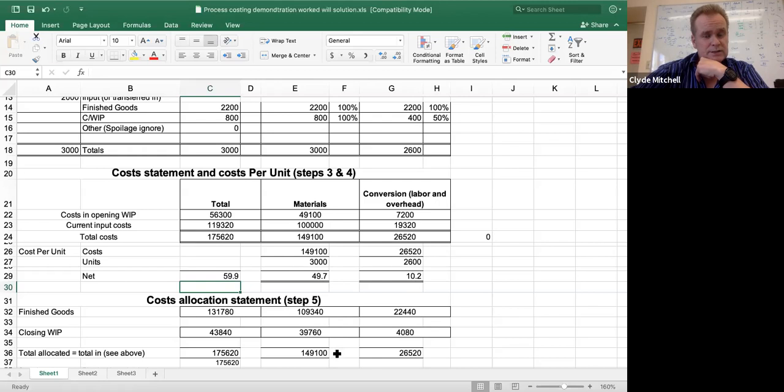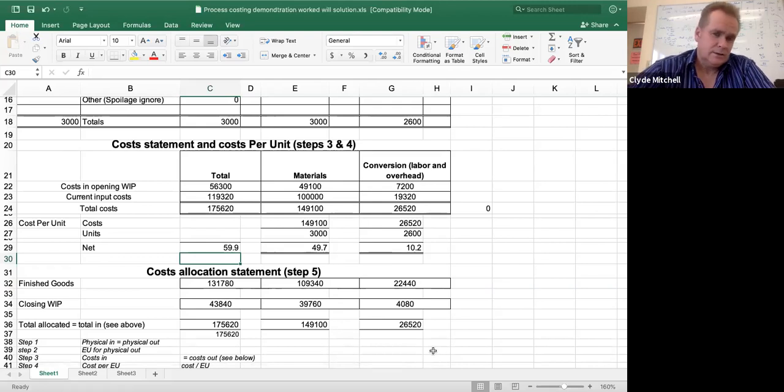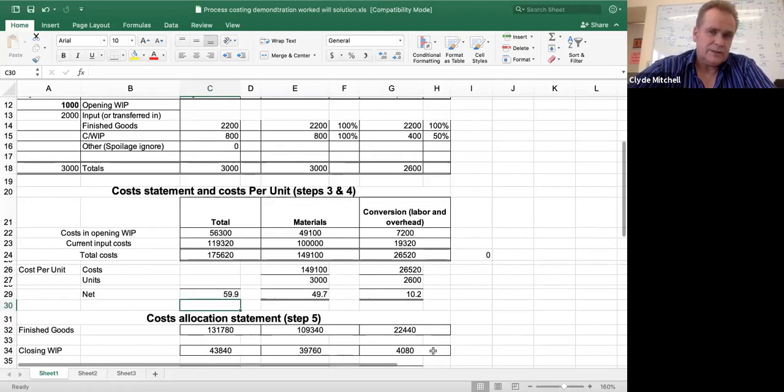Add the costs down, add them horizontal. This gives us a cost of finished goods, cost of closing work in progress, total cost must add back to the total cost center. And then the total of my materials must add back to the 149. And the total of my conversion cost must add back to the 26,520.